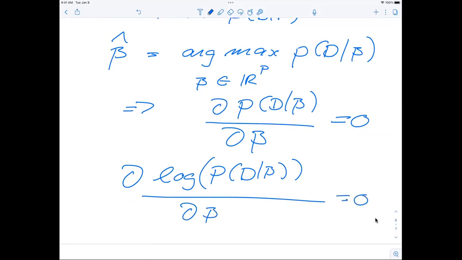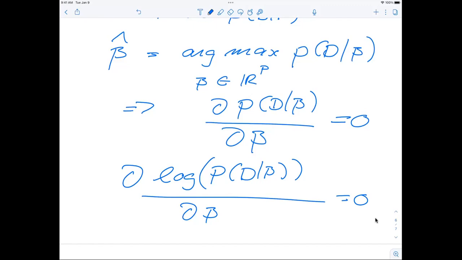Now we know that the log is a monotonously increasing function. So that means that we have a concave problem. Now, if we prefer minimization, which we normally do in physics, what would you do?